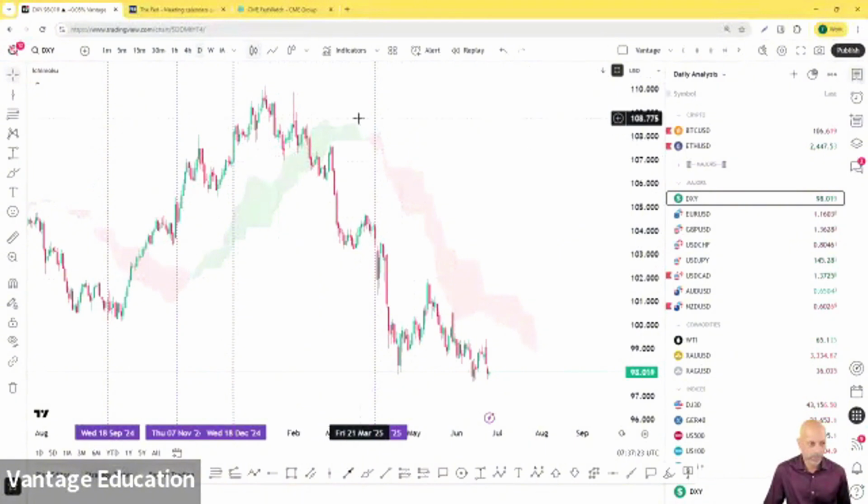Because instead of going long, you can see the value of the dollar index actually dropped progressively along the way because investors and traders had lost faith in the value of the US dollar due to President Trump's tariff policies and agenda.